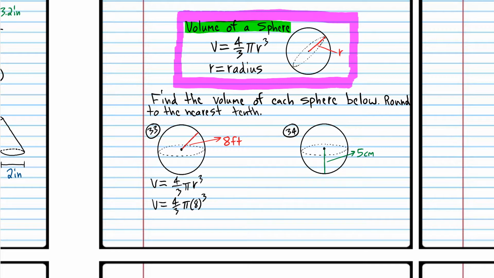And that will get you something. So I got 512, and then times pi is equal to, then times 4 is equal to, then divided by 3 is equal to. So the volume is approximately equal to 2,144.7 cubic feet.